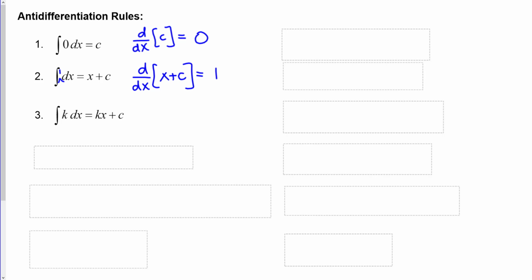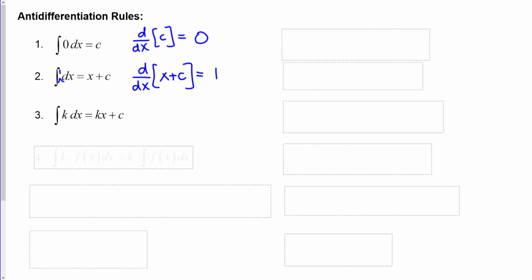In number 3, we have the antiderivative of the constant k times dx is equal to k times x plus c. So effectively, it just means if you have a constant, then you multiply x by that constant.